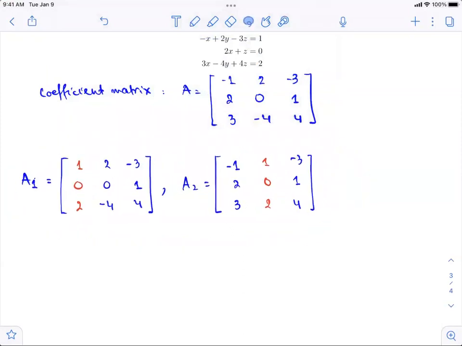And for A3, the first and second columns remain the same: -1, 2, 3, and 2, 0, -4. The third column now gets replaced by the entries of the right-hand side, so 1, 0, 2.